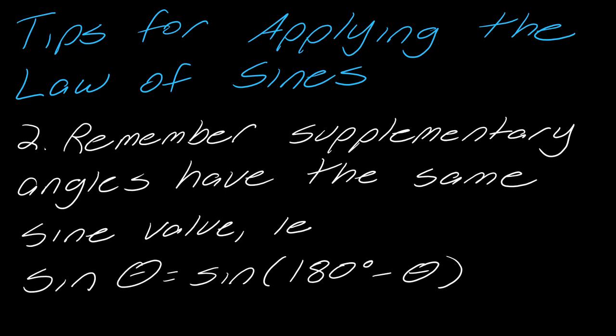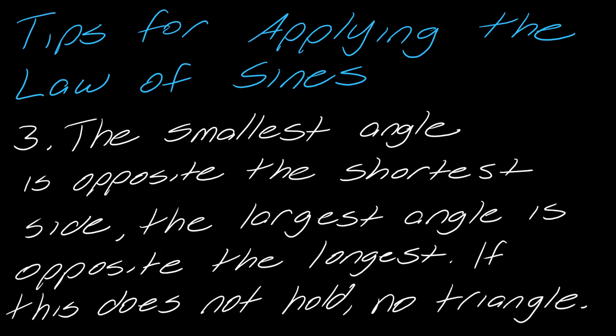The next tip I have for you is to remember that supplementary angles have the same sine value, i.e. sine of theta is equal to sine of 180 degrees minus theta. We're going to use this fact a bunch when we are working with ambiguity, so I'm just going to state that for now, and I'll show you how to use it in a second. The third thing I want to tell you is the smallest angle is opposite the shortest side.